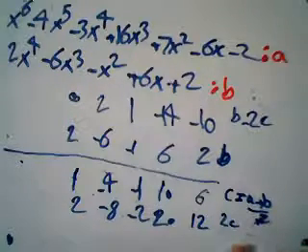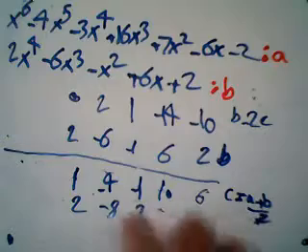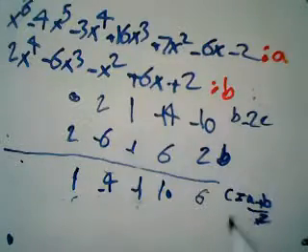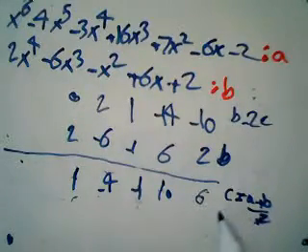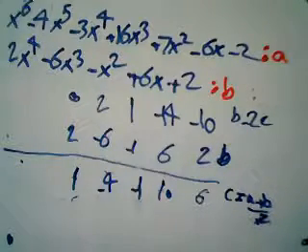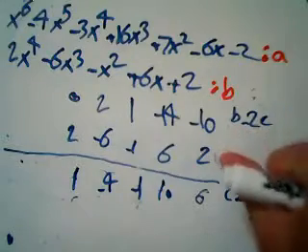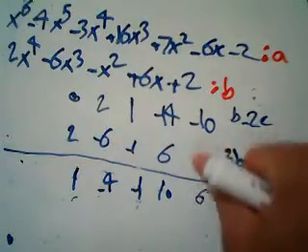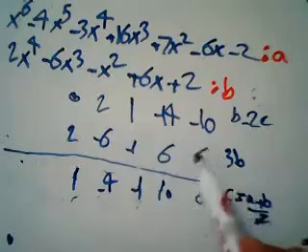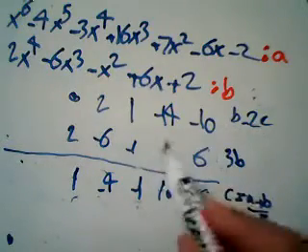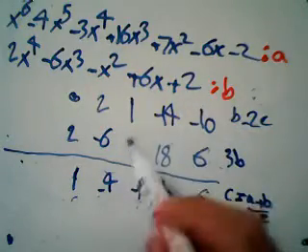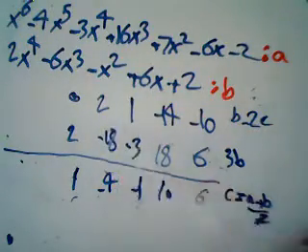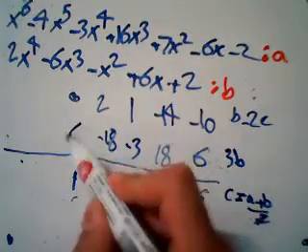Now let's write down the coefficients of 3b here. 3b would be 6, 18, minus 3, minus 18, and 6 in this.